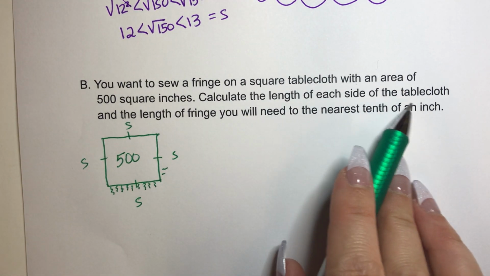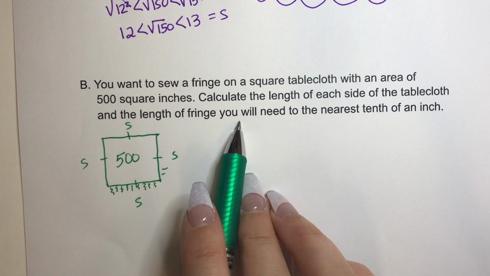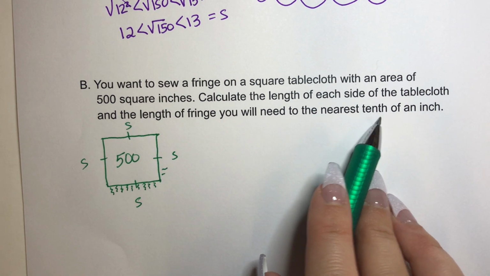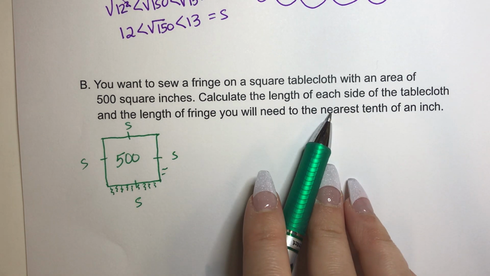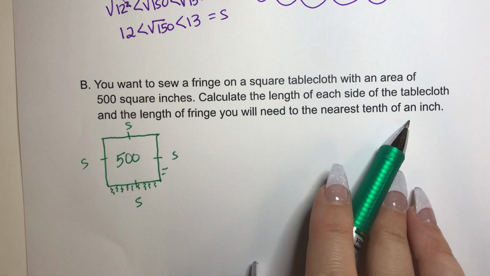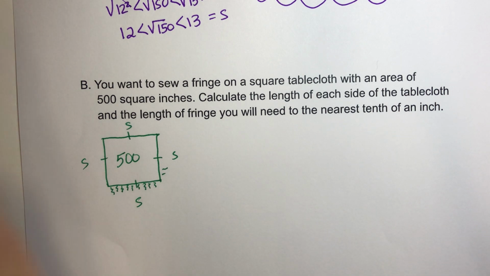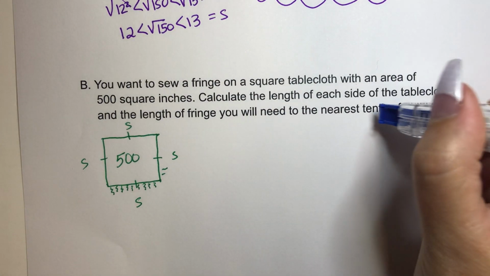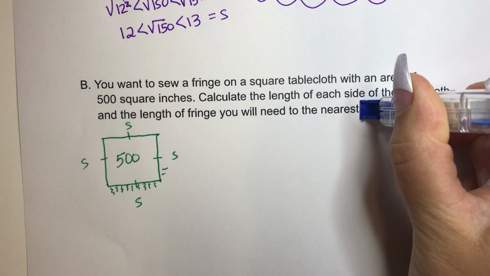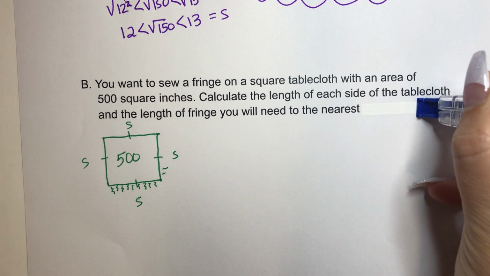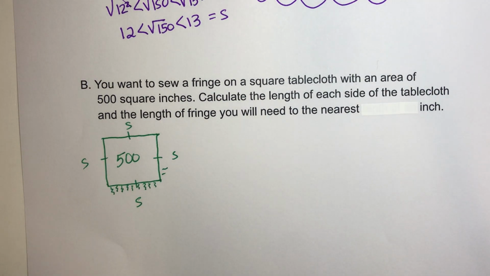Calculate the length of each side of the tablecloth and the length of fringe you will need to the nearest 1/10 of an inch. Let's just change this to nearest inch.